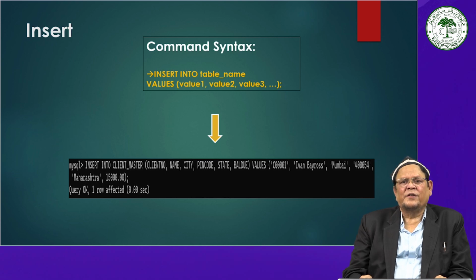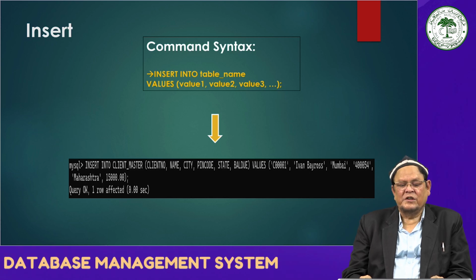So how will you write? Insert into client master, which is the table name I defined, client number, name, city, pin code, state, balance due. You want to store that. Then you close the bracket.